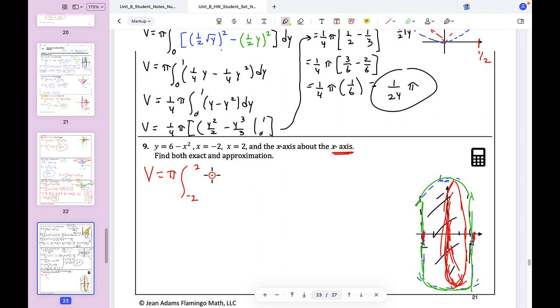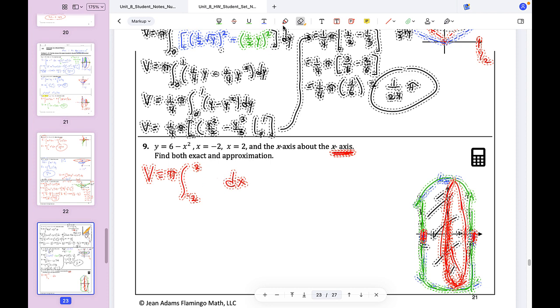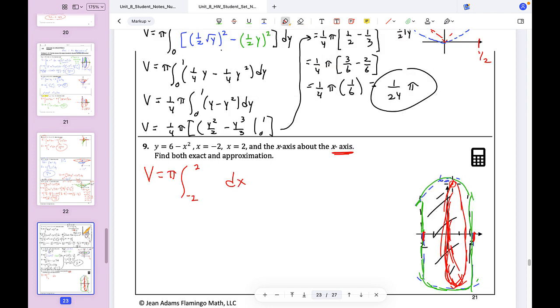And the radius, pi r squared dx. The radius in this case is going to be the parabolic function, so it's 6 minus x squared dx. This is a calculator piece, so I just put that in my calculator.